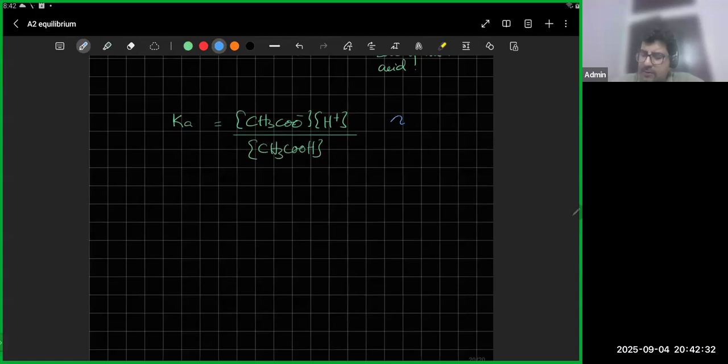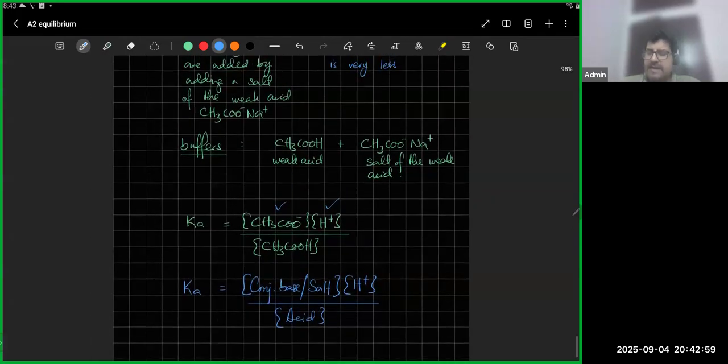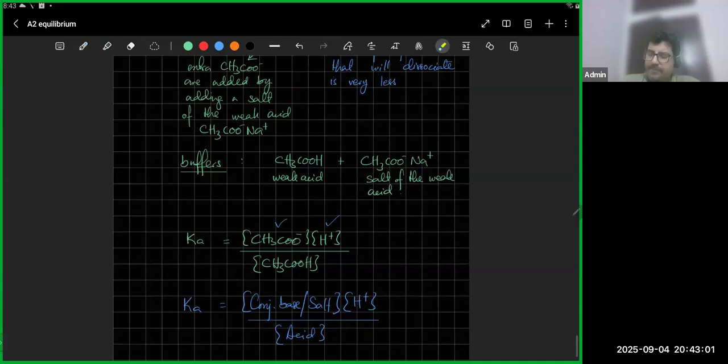But the products no longer have the same concentration. So instead, your K expression now is your conjugate base or salt concentration times your H+ concentration divided by your acid concentration.